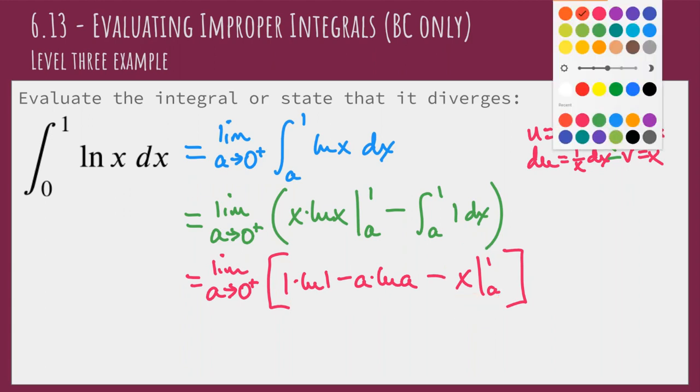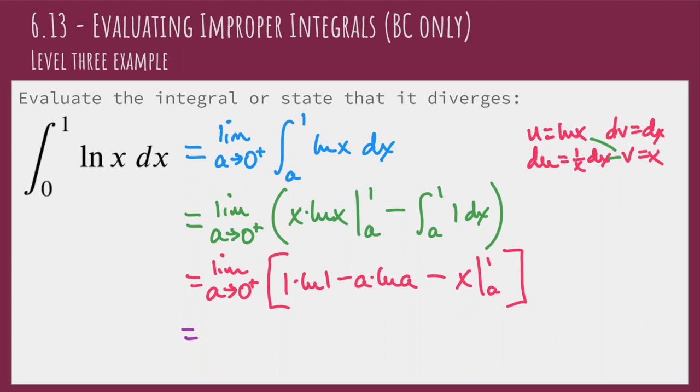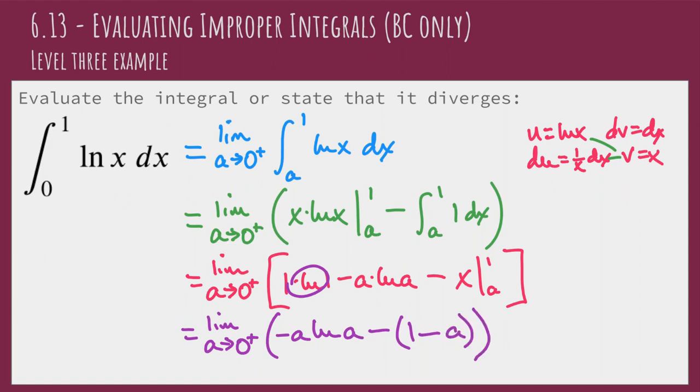So taking that to the next step, natural log of 1 is 0, so I'm going to leave that one out. I'm not going to start evaluating the rest of that yet. So minus, we plug 1 in for x and we get 1, minus plug a in for x and we get a.